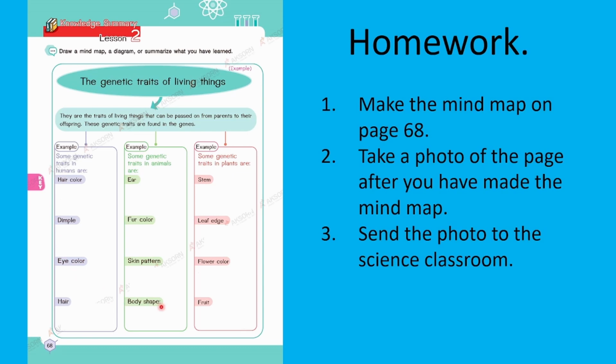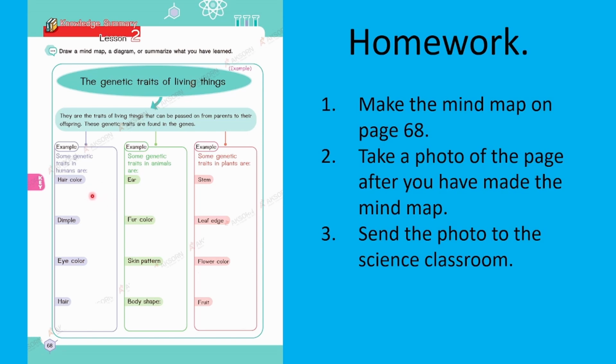So here on this page, for example, with hair color, draw a face with some hair and have one hair color, and then draw another face and have another hair color.